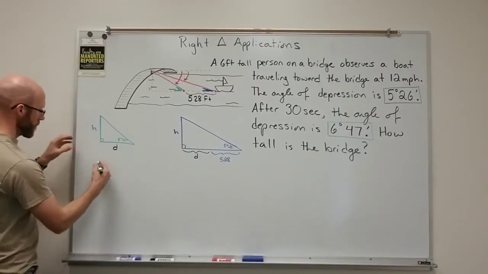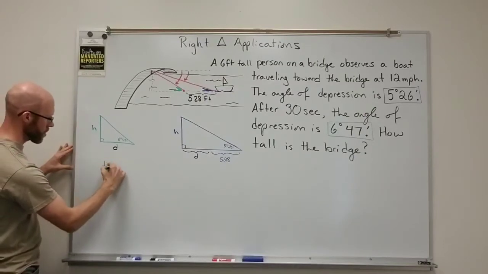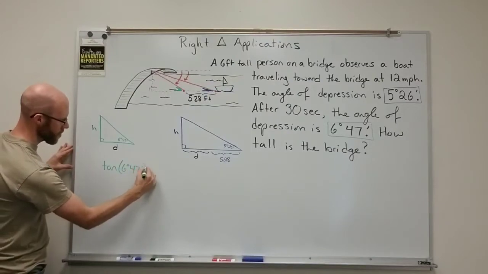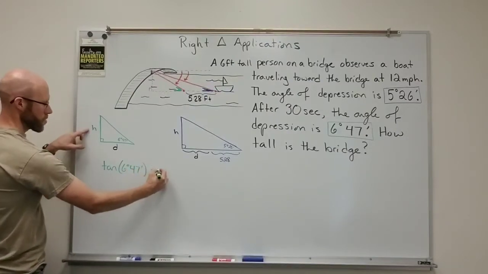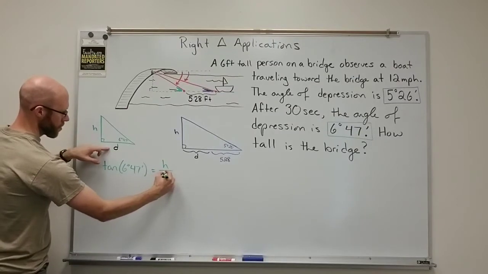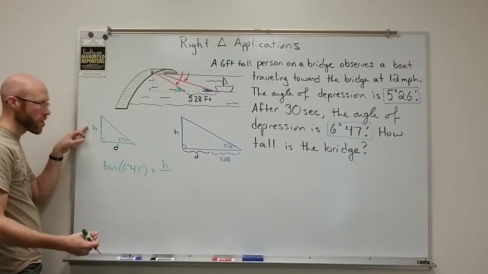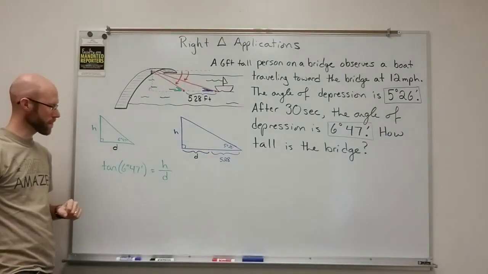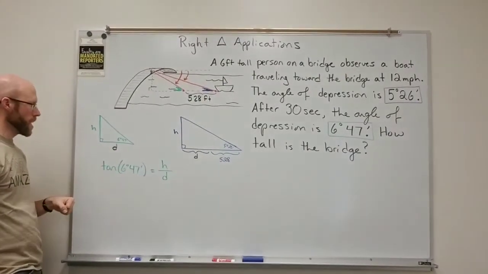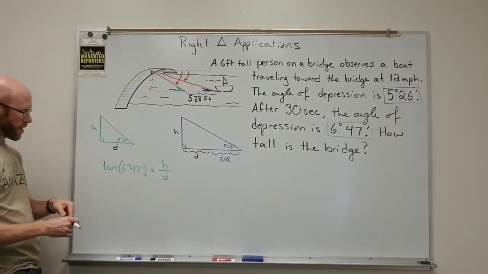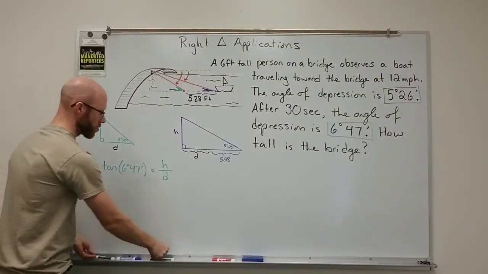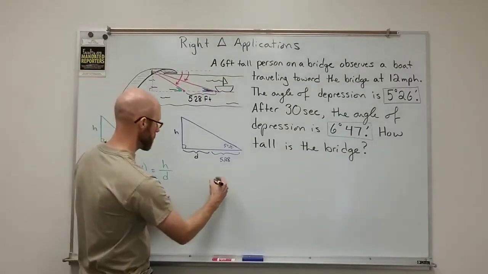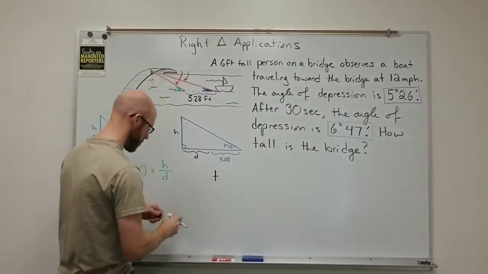The first one, I would say that the tangent of the angle 6 degrees 47 minutes is equal to the opposite, h, over the adjacent, which is the dummy variable, so h over d. And then in the other triangle, I would set up the same sort of tangent relationship.